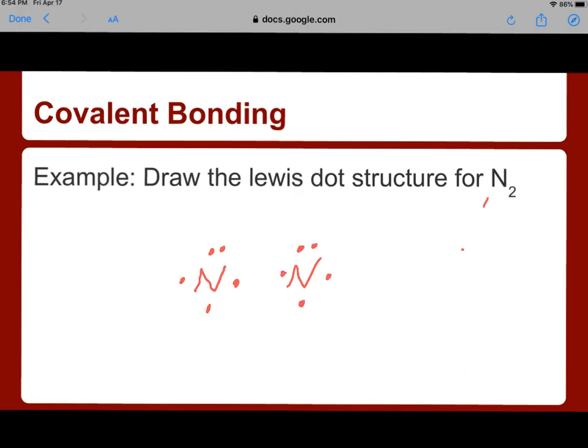Let's keep track of my total valence electrons. Say total VE is 10. There's nothing in the middle because there's only 2 atoms, and I'm going to start like I always do and make a pair with those 2 valence electrons, erase them and move them into the middle.